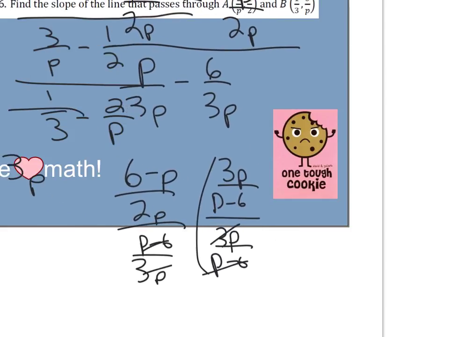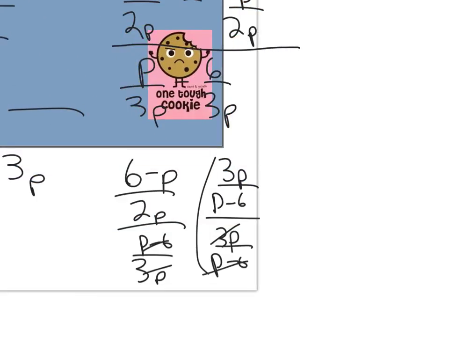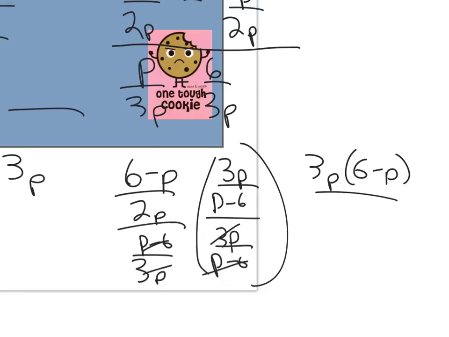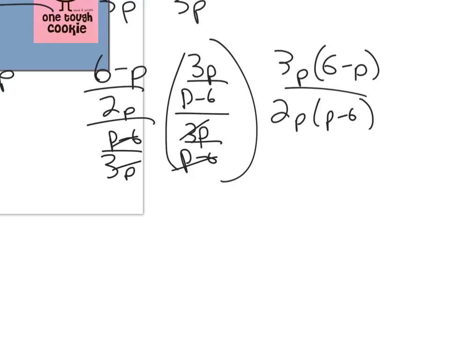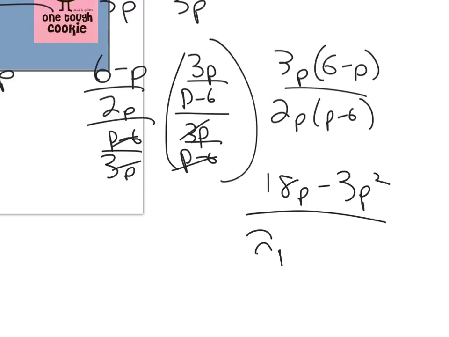And then you're going to multiply all these things. So you'd have 3p times (6 minus p) over 2p times (p minus 6). So what I would end up with then is this: 18p minus 3p squared over 2p squared minus 12p.